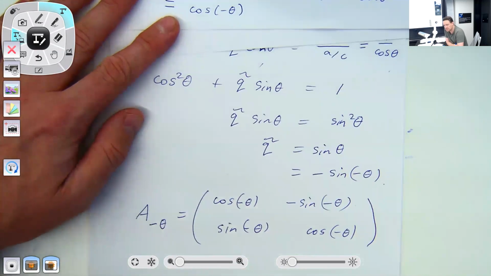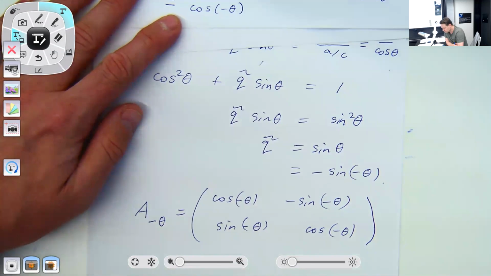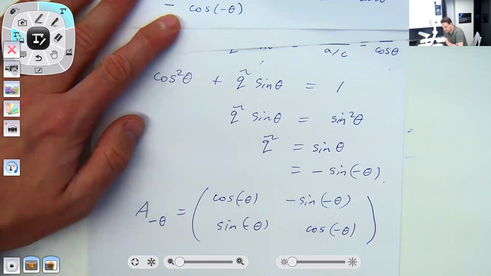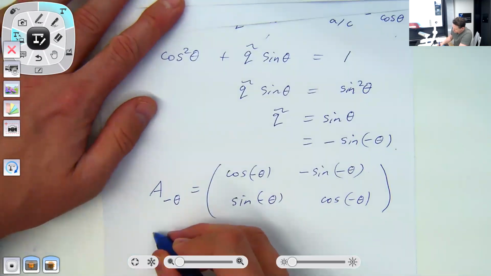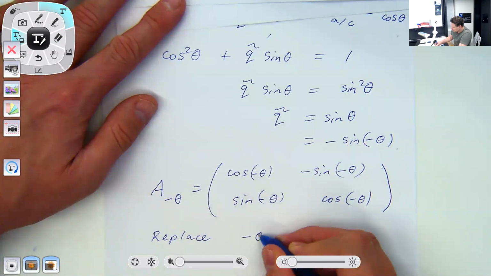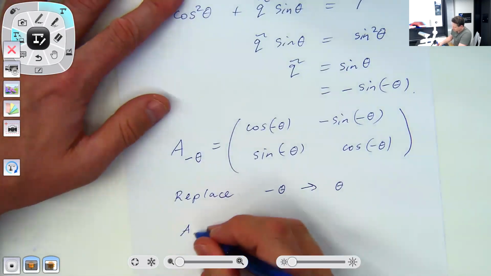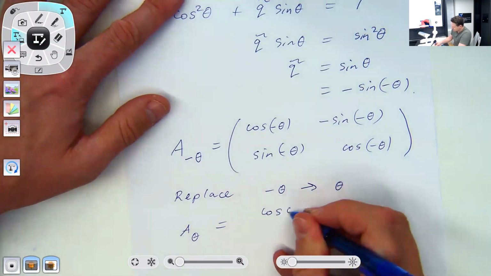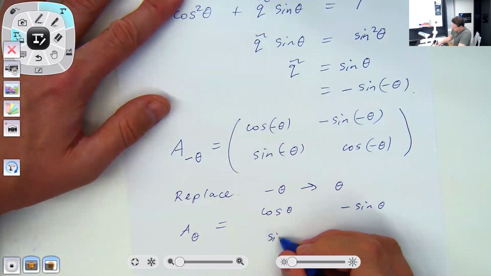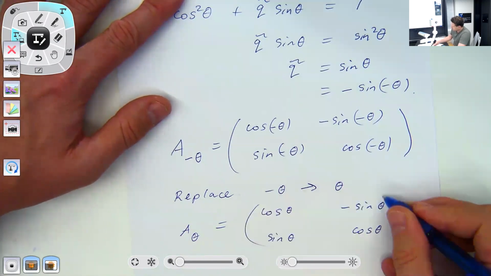Now all we have to do is deduce what we would have if we were rotating the other way, right? So at this point, replace minus theta with theta, and we have A theta is cos theta, minus sine theta, sine theta, and cos theta. Okay?